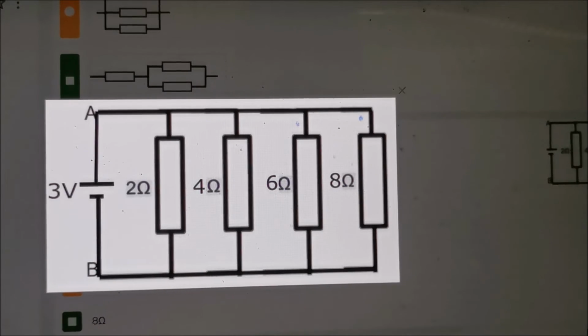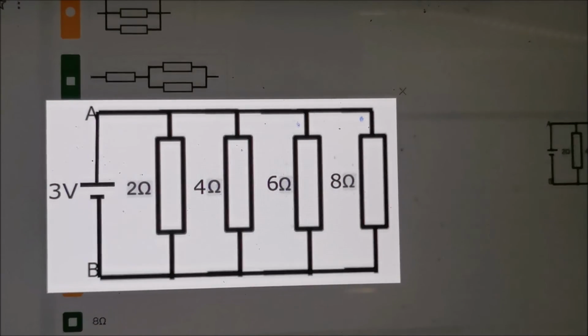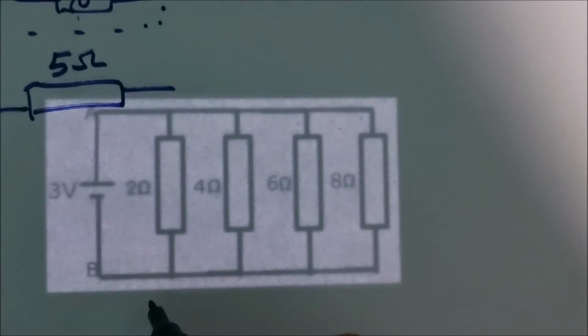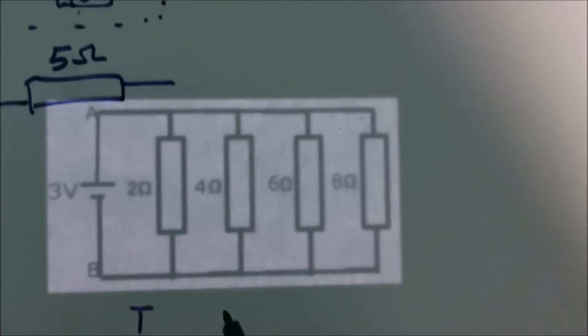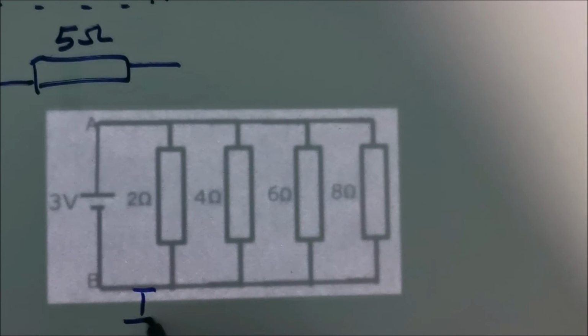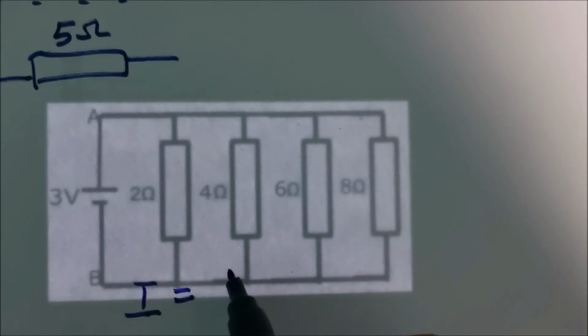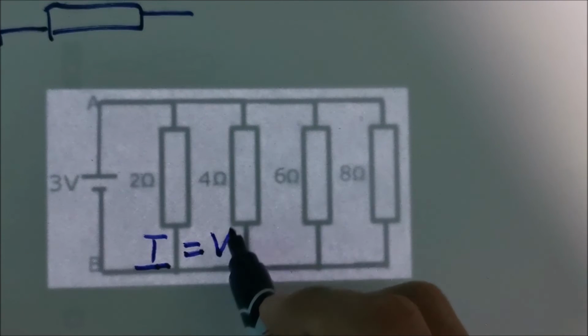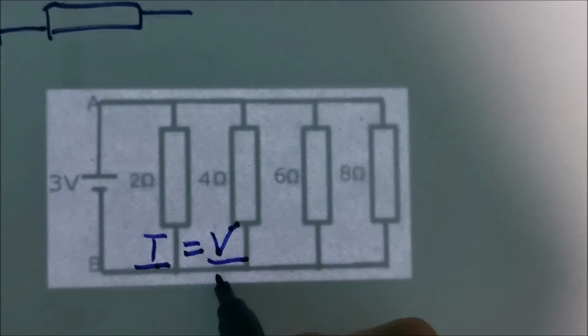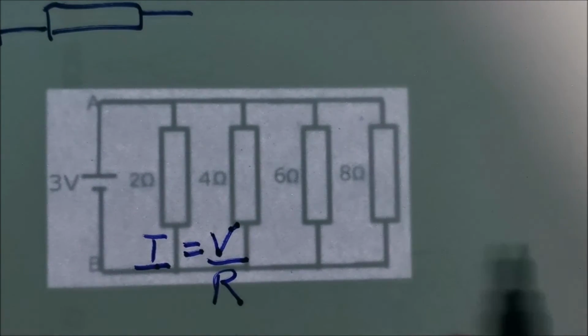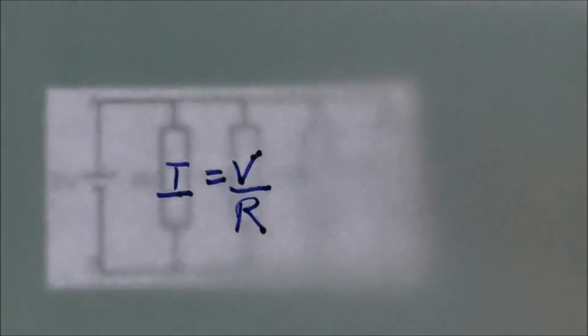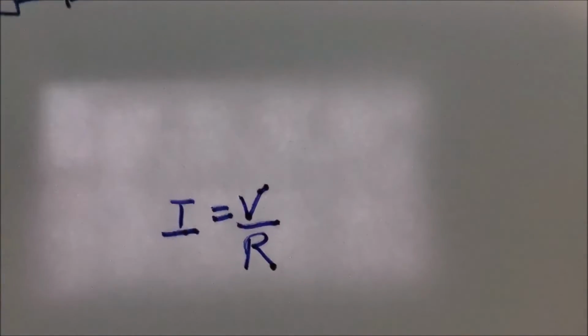Alright, so in this case, since we have Ohm's law, what is Ohm's law? Can you remember, current, represented with I, is equal to voltage divided by resistance.